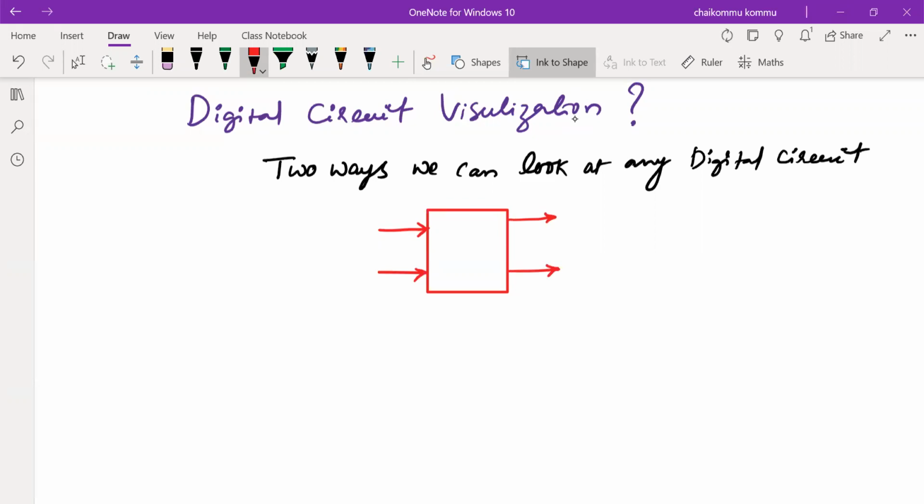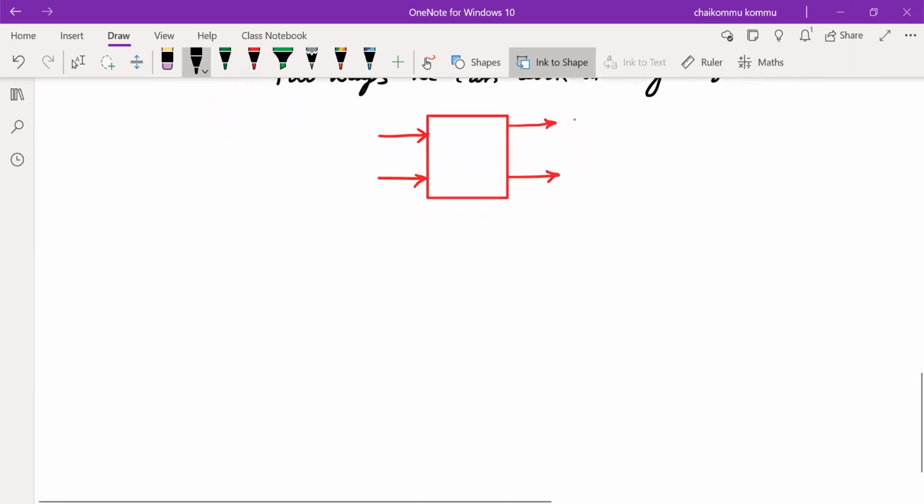Any digital circuit looks something like this, a black box. We have some inputs and outputs.